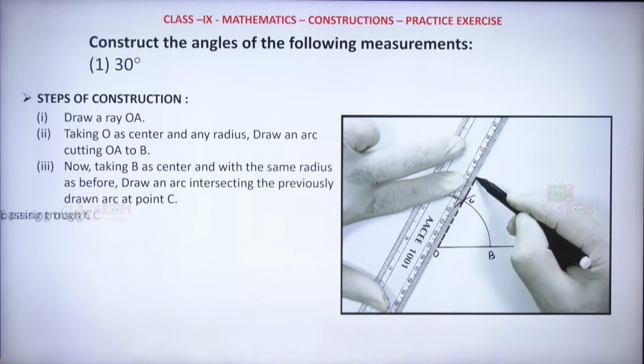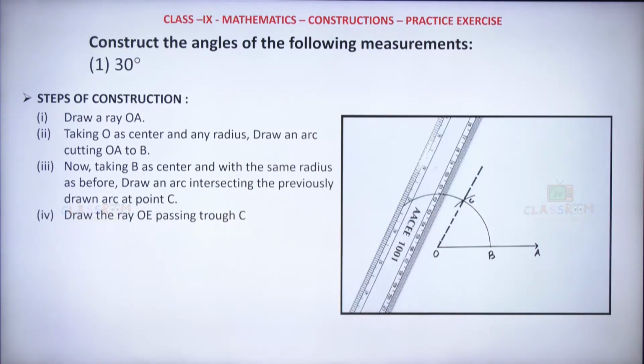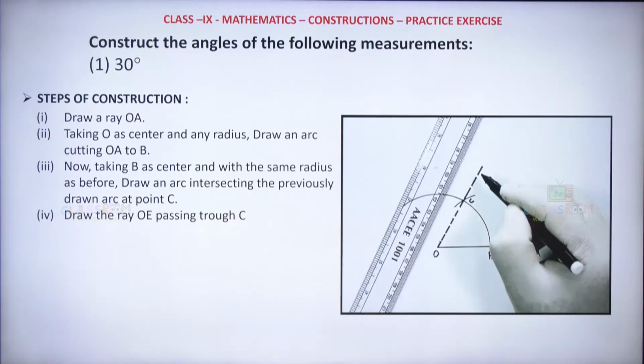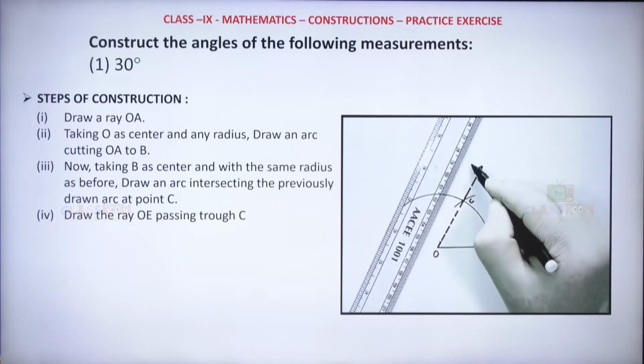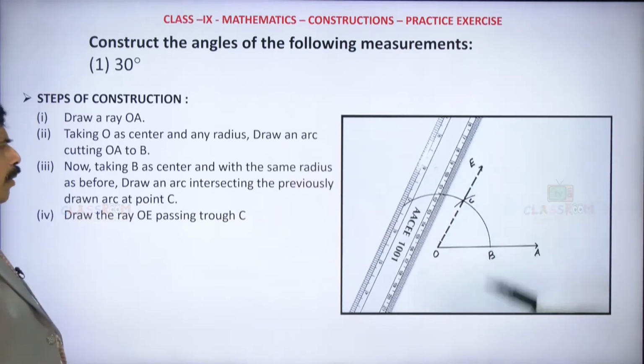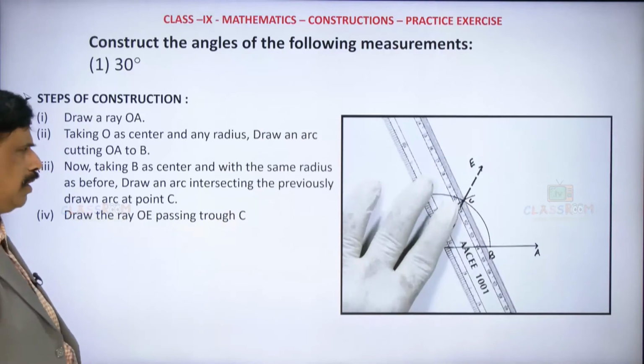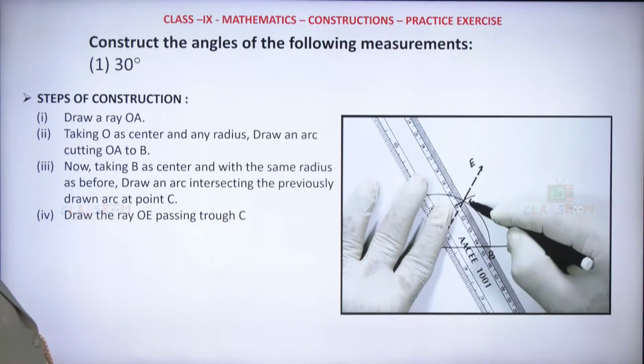So draw a ray passing through C, that is, name it as OE. So now it is clear angle AOE is 60 degrees here.